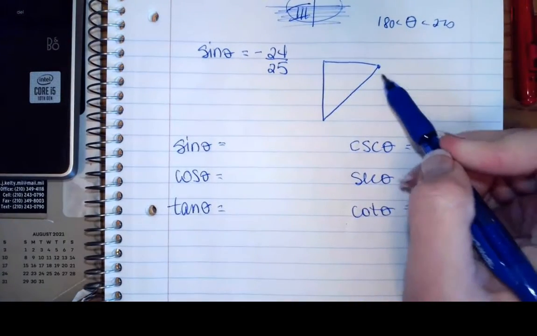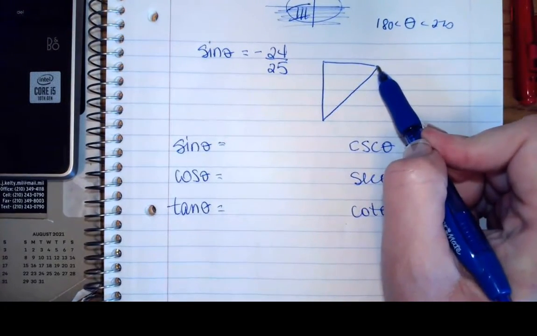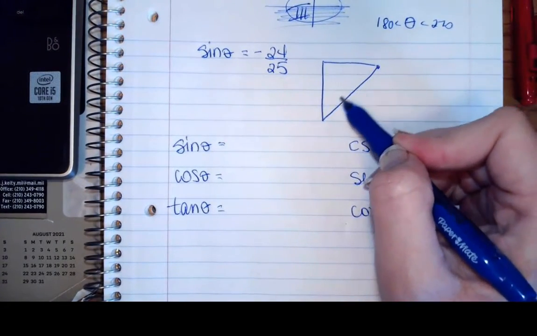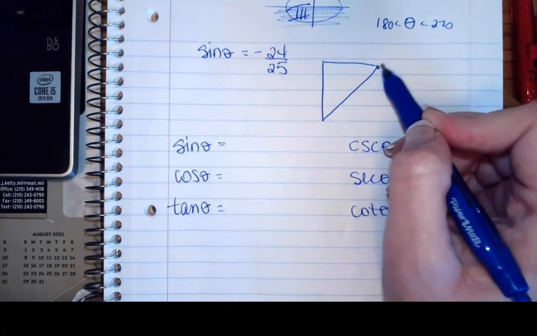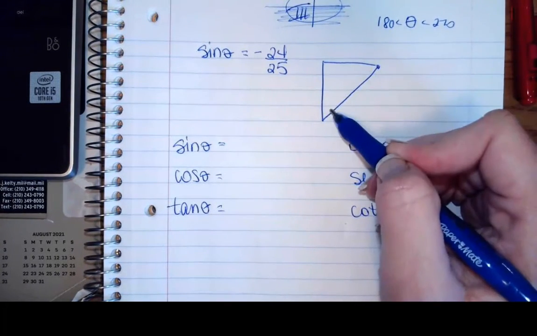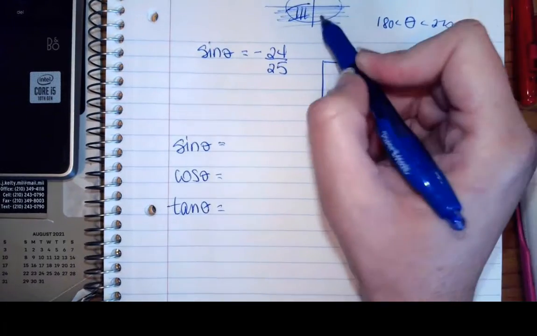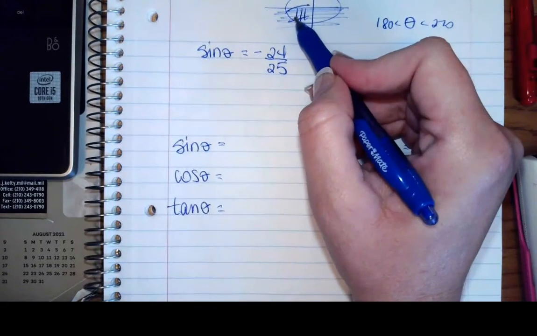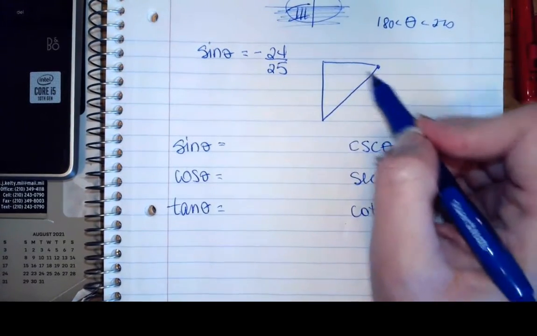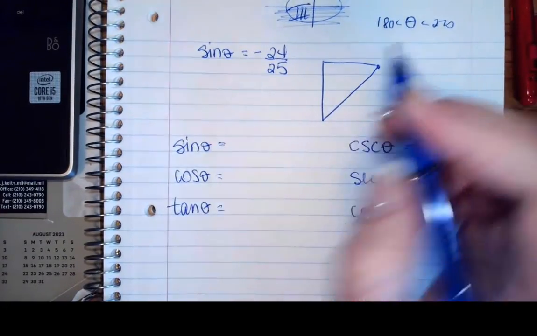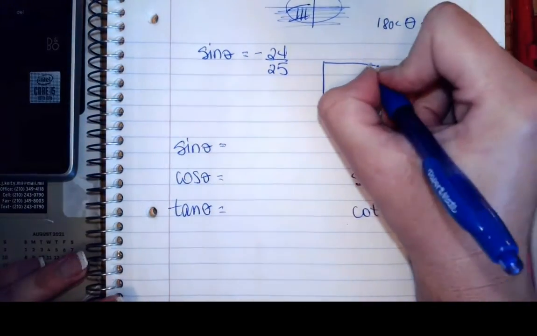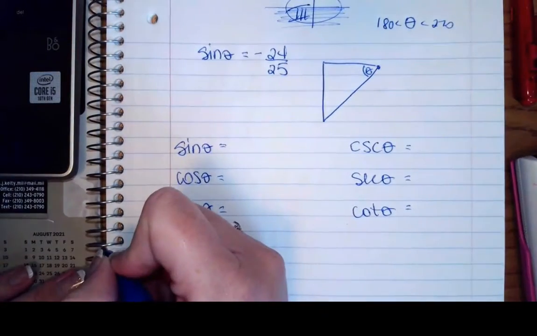So here's how I draw these things. This is the origin. I drop my radius into whichever quadrant I'm thinking about. So my radius or hypotenuse must be going down into the left so that I can get into quadrant 3. And then I just move over, so in order to get over there, I must go left and down. This is going to be theta, coming off the origin.